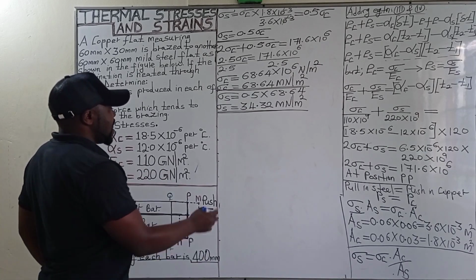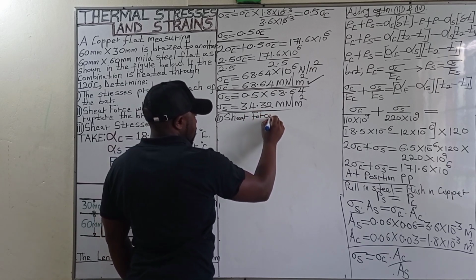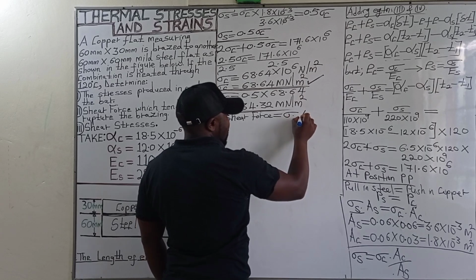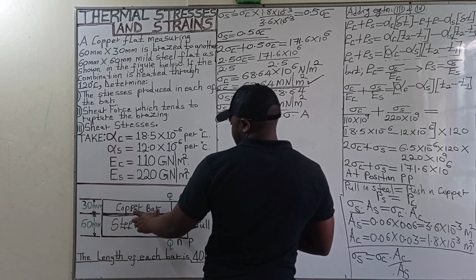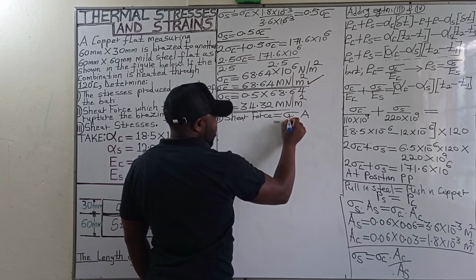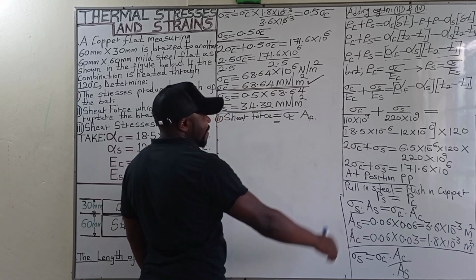So the shear force will be given by stress multiplied by cross-sectional area. So the shear force on the copper bar will be the stress in the copper bar times the cross-sectional area of the copper flat.